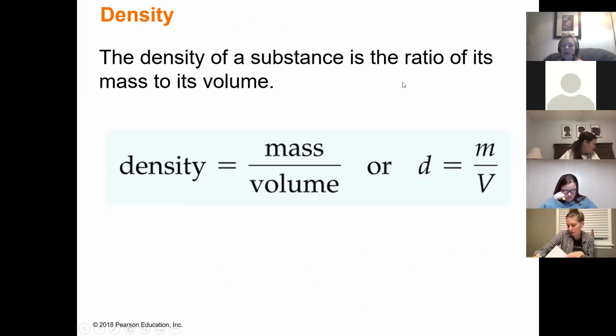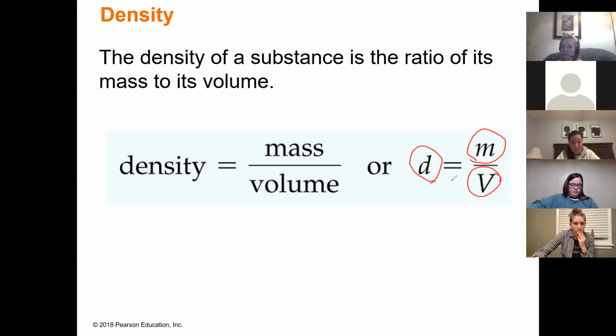So when looking at this equation, we have 1, 2, 3 variables. Go back in time, back to, what was it, algebra. When you have an equation with 3 variables, you will be given 2 and you solve for the third, right?